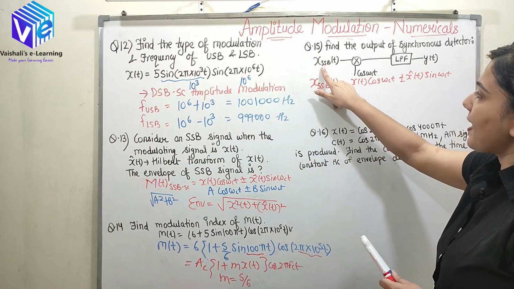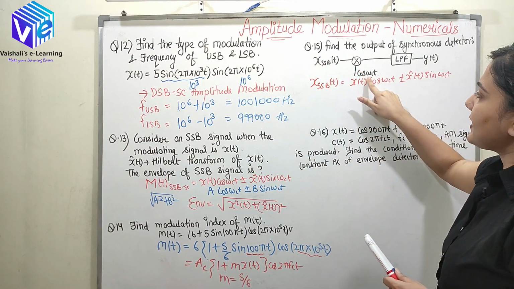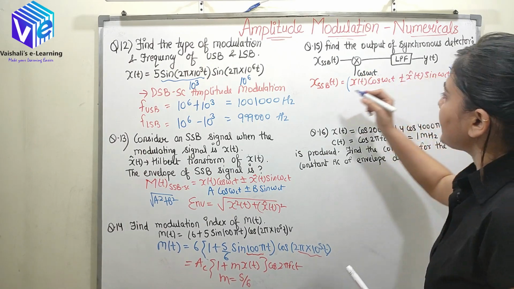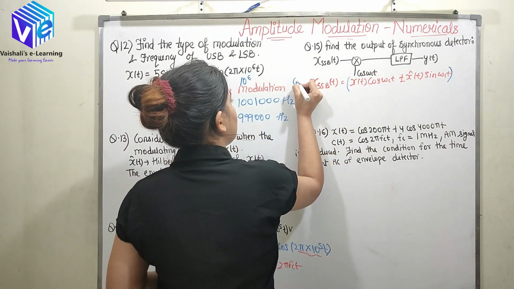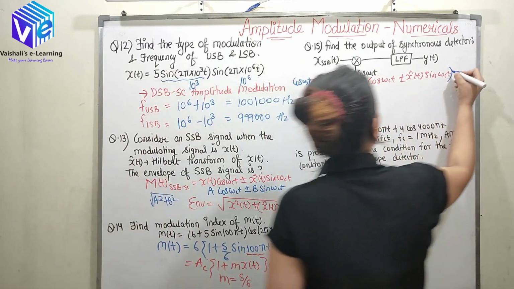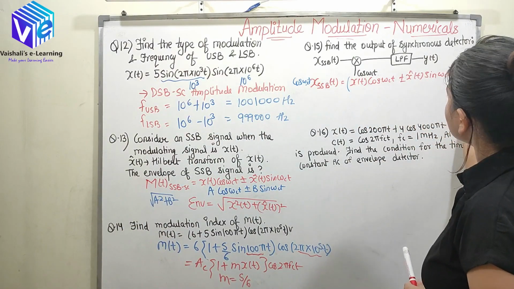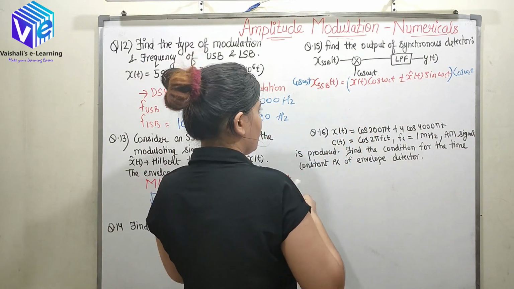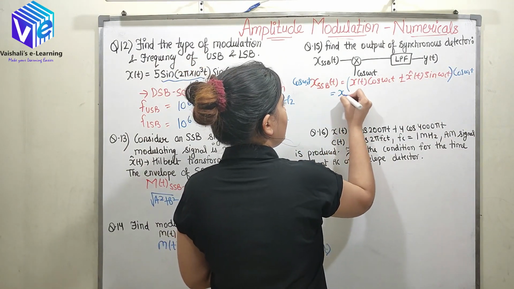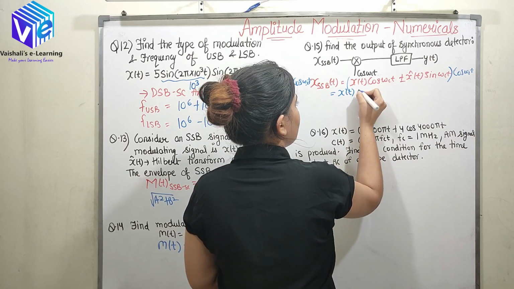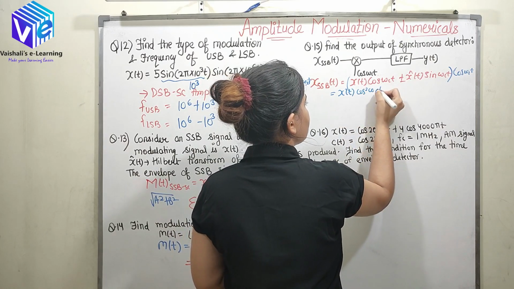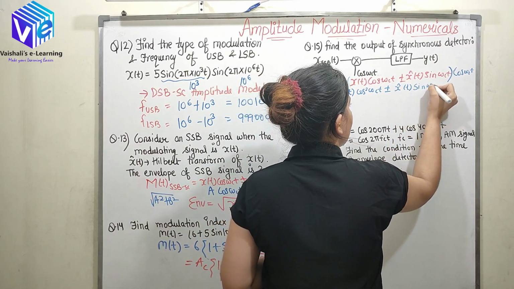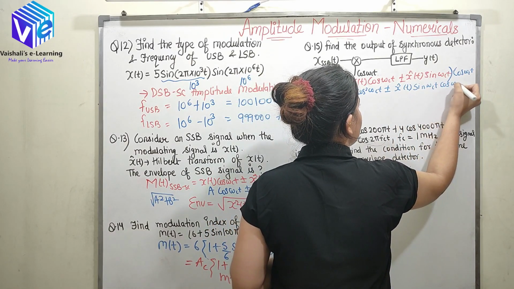Now what is happening? My SSB signal is multiplied with cos ωct. So what I'll be getting is x(t) cos square ωct plus minus x cap(t) sin ωct cos ωct.